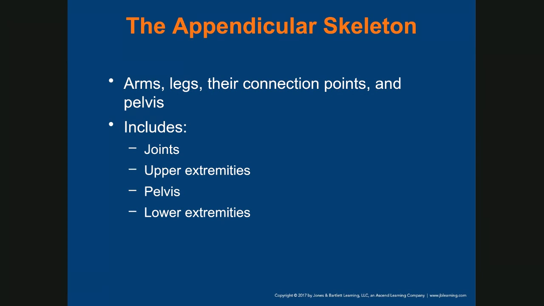Now, the human body has 206 bones, about 230 joints, and about 640 muscles. We won't be going through all of the joints. That's not a requirement for this course.